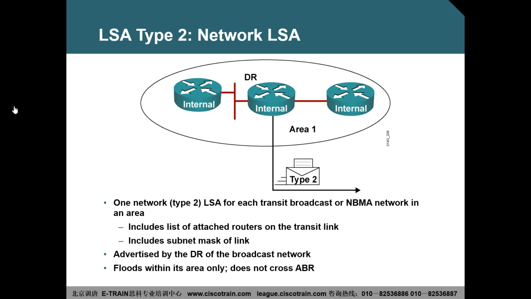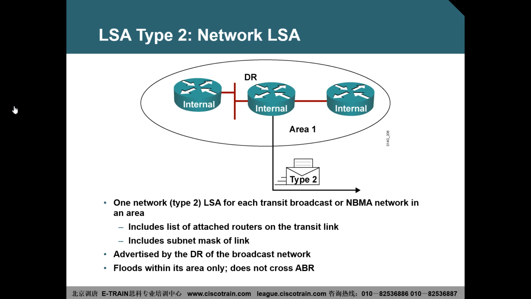Each transit broadcast or NBMA network in the area includes a list of attached routers on the transit link, includes the subnet mask of the link, is advertised by the DR of the broadcast network, and is reflected within its area only and does not cross the ABR. Okay, so this is nothing but the LSA that comes from the designated router only.